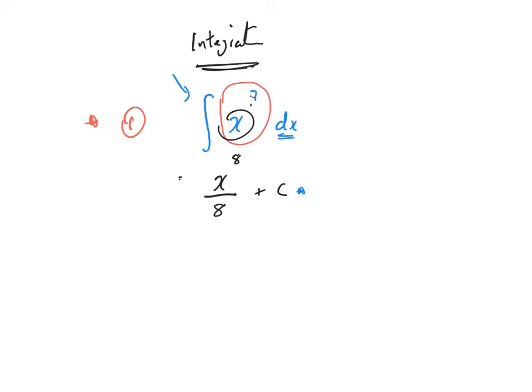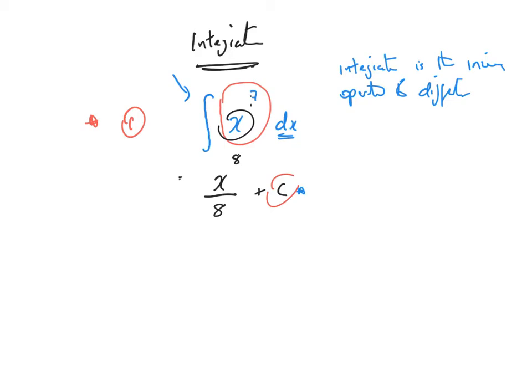Now what's the constant of integration? That's this bit that's marked as plus c. Let me talk to you about where that's coming from. Integration is the inverse operation to differentiation.